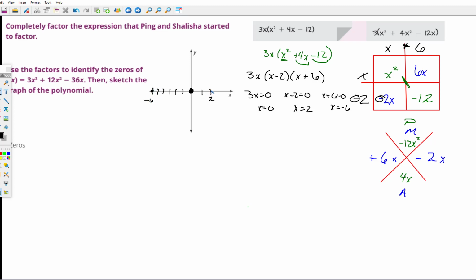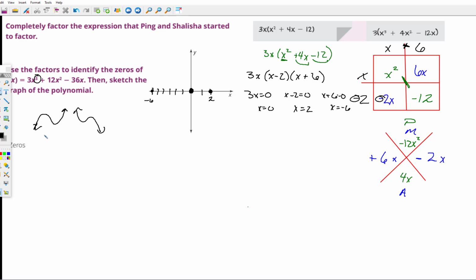So now I'm going to cross there. So the highest power was 3. So that means that it's a cubic, which means I'm either one of these two. How do I know which design I am?